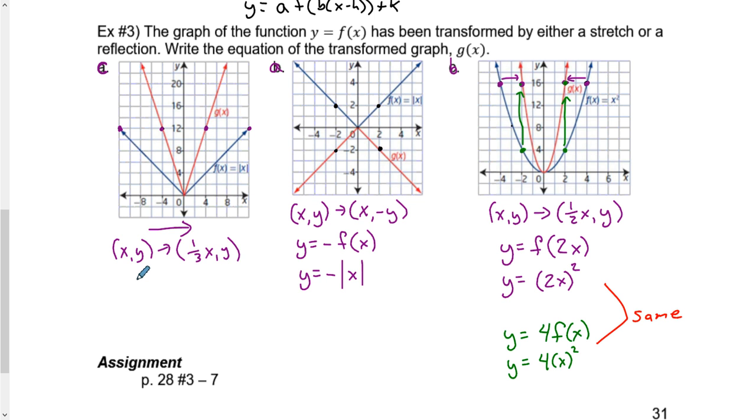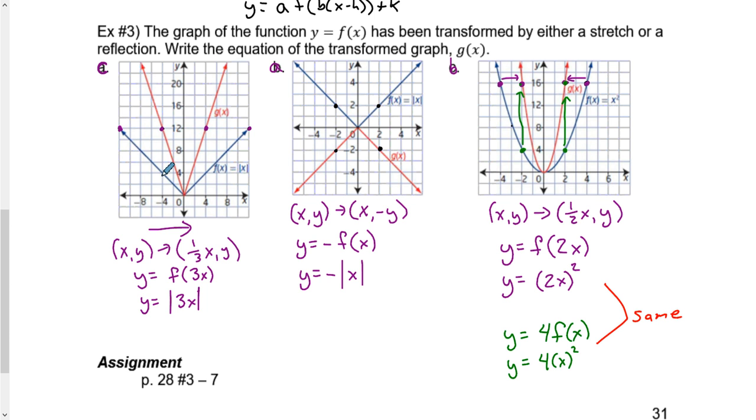But when it goes into the equation, y equals f of 3x, because on the inside we're dealing with the opposite. The opposite of 1/3 is 3. Of course, this one does have an equation. It's the absolute value, so the absolute value of 3x.